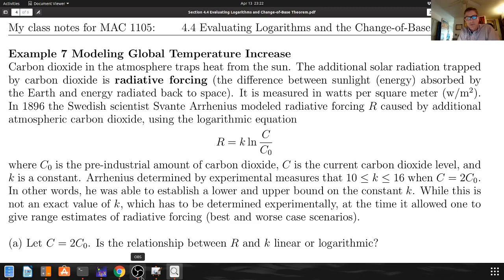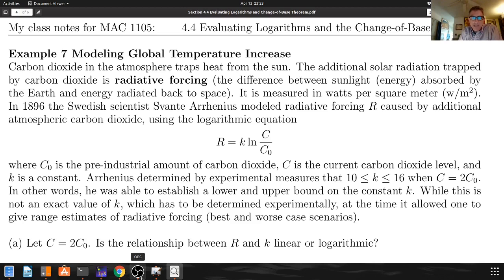They have little air bubbles that have been trapped in ice for many thousands of years, and we can carefully extract that air and analyze it and know how much carbon dioxide is in there. C is the current carbon dioxide level, and K is a constant.